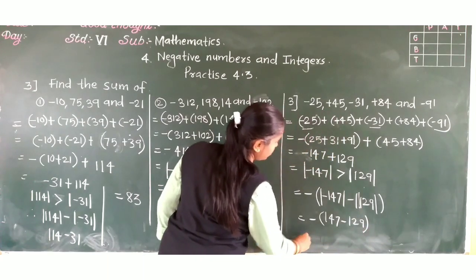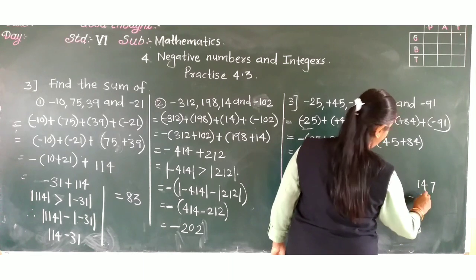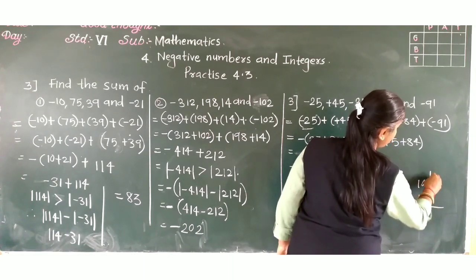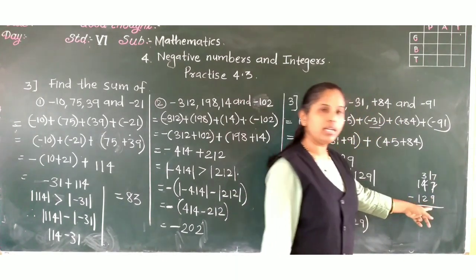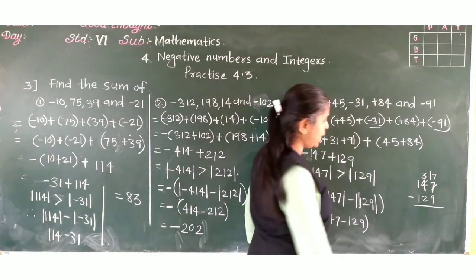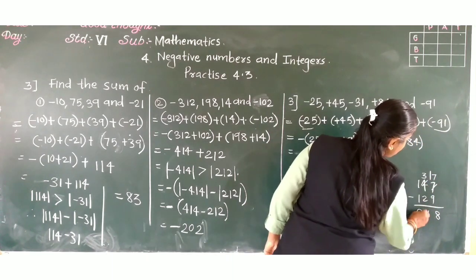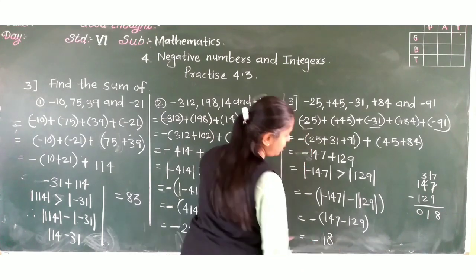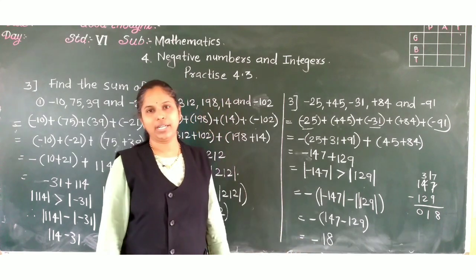If you are unable to do it like this, you can do vertical subtraction. 7, yes, borrow 1. Now 17 minus 9, how much? 8. 3 minus 2 is 1, and this 0. So the minus sign we have to write, and the subtraction of this is 18. So the answer is minus 18.